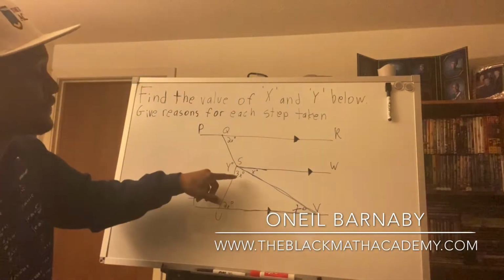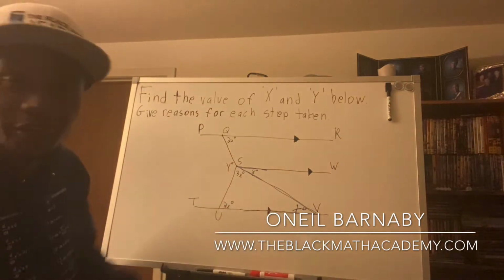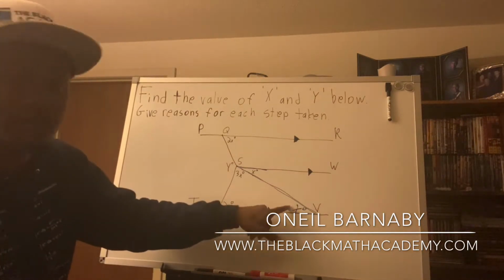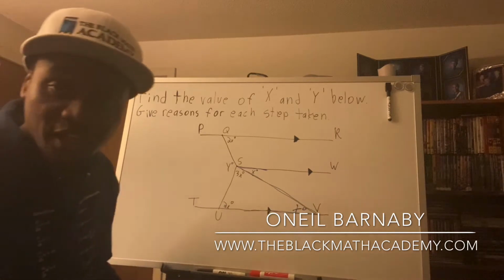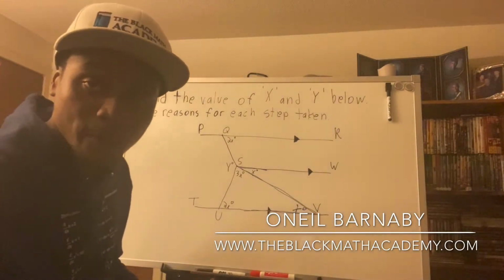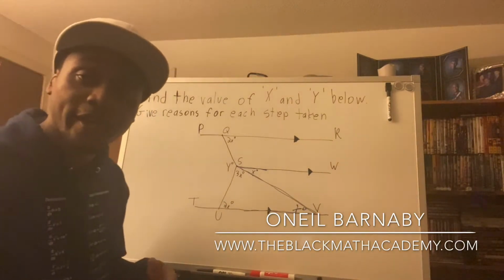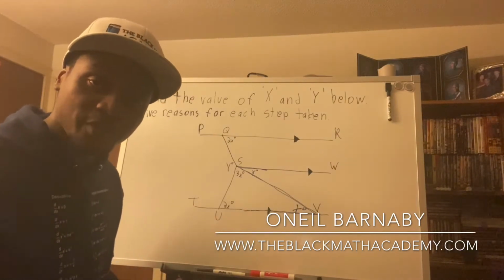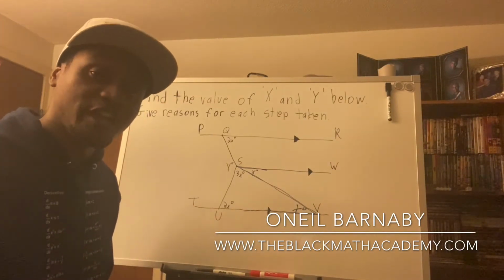Now we have three angles within the triangle: the 2x, the 3x, and x degrees. So now we can find out the value of x. We know that any triangle, if you add up the angles, adds up to 180 degrees.